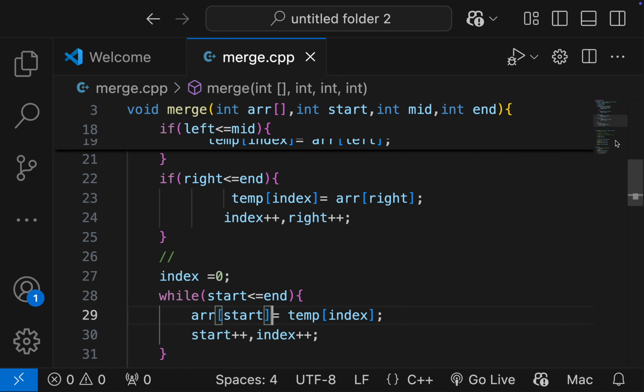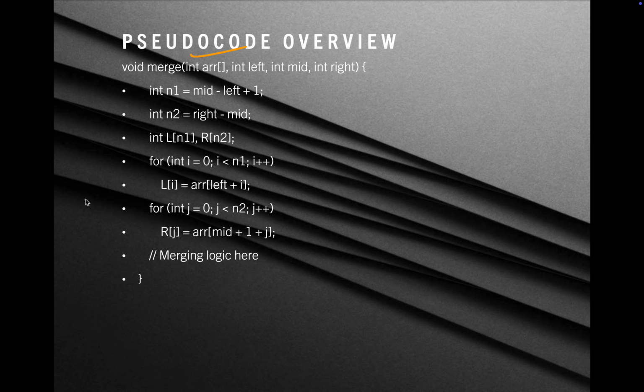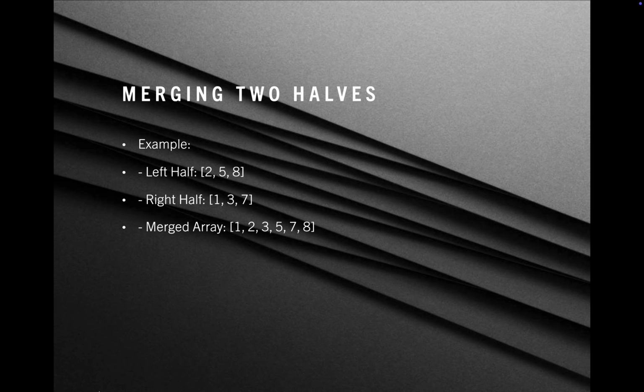So let's move forward and see something. Basically this is the pseudocode. I have explained it to you, and this is the example that has been taken. First they create the left half array and the right half array, and then merge them.